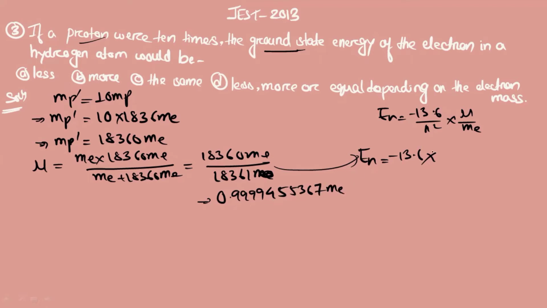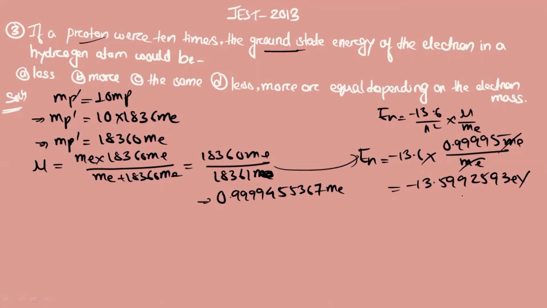So when you write this, 0.99995. This is ME, and here you have ME, so ME and ME get cancelled. When you multiply minus 13.6 with this term, you will get minus 13.59925593 electron volt.